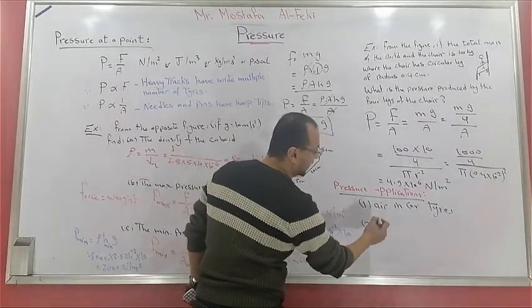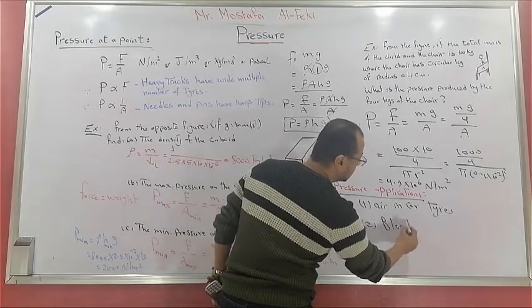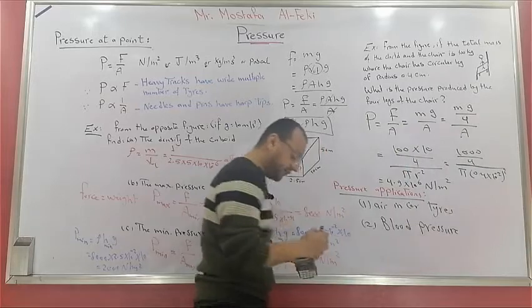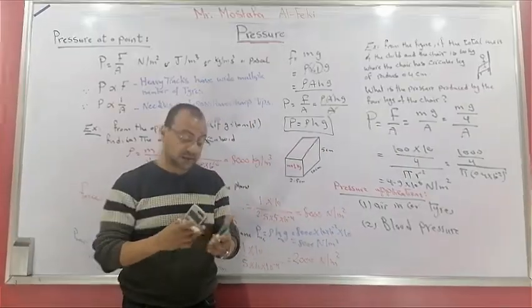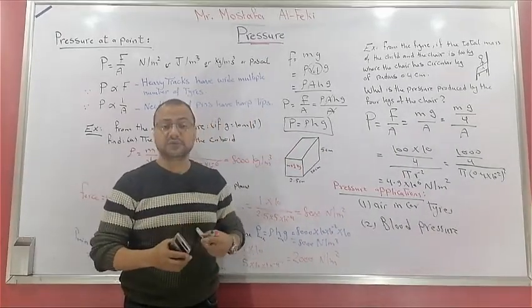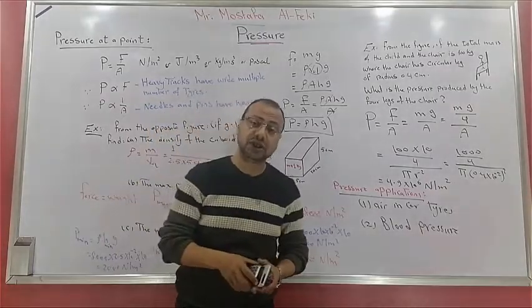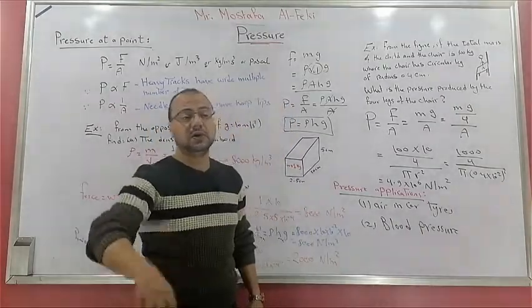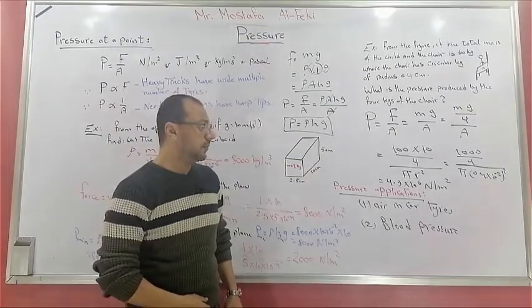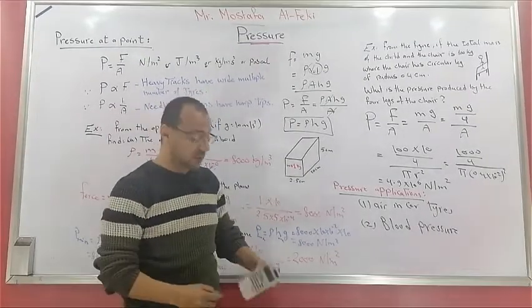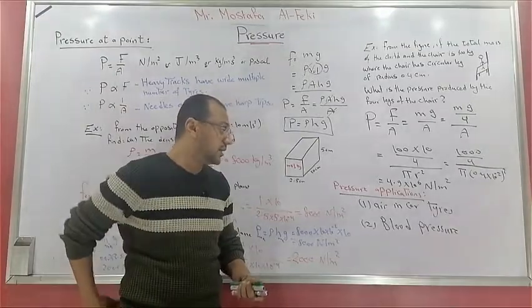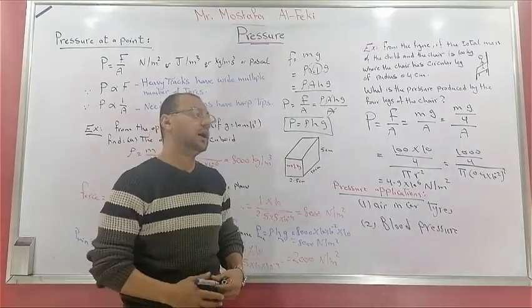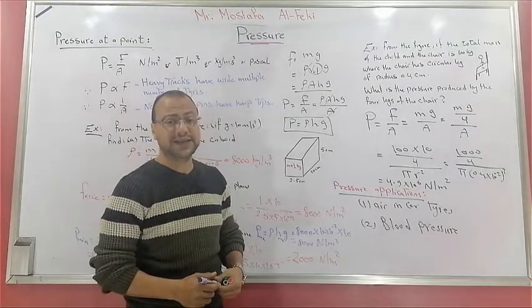Number 2, from the applications, the blood pressure. We have 2 types of blood pressure. Systolic pressure, the contracting of the heart to pump the blood all over the body parts, is equal to 120, and the diastolic pressure of the blood, the relaxing pressure, is equal to 82.